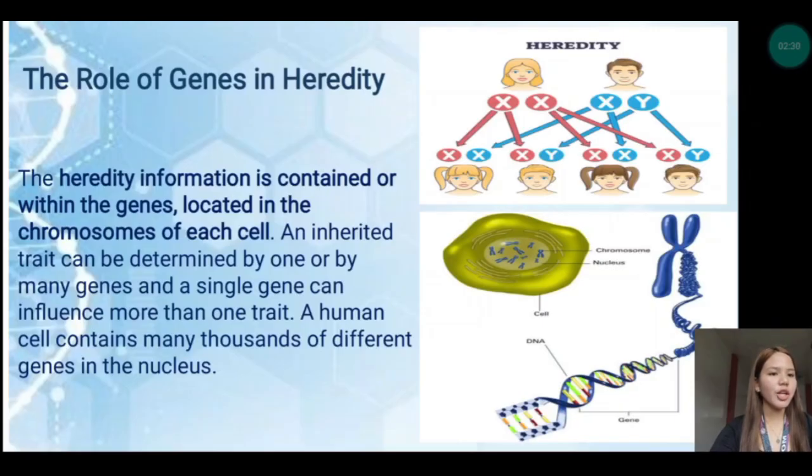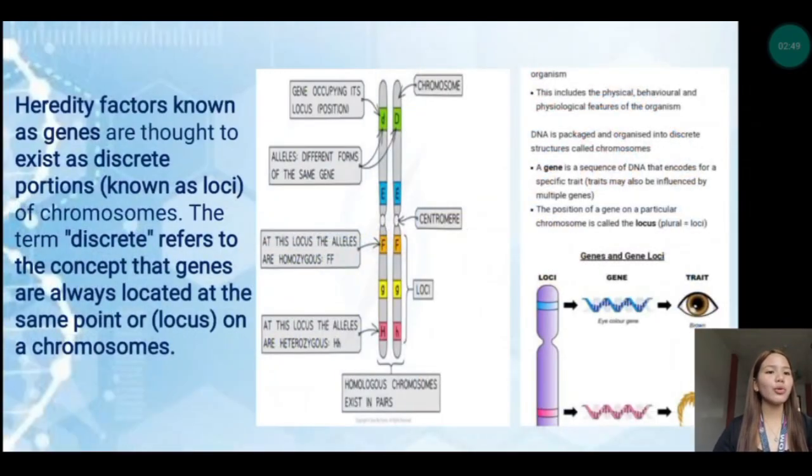Nakita ninyo naa siyay orange, green, red, yellow. So mao na ang gitawag nga loci. Diha nag-contain siya og mga genes, and also ang gene nag-contain sa heredity, which is mao na ang information. So locus, or loci.